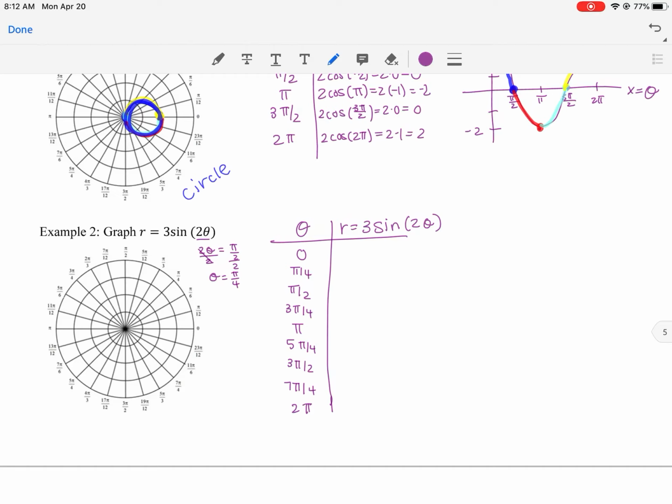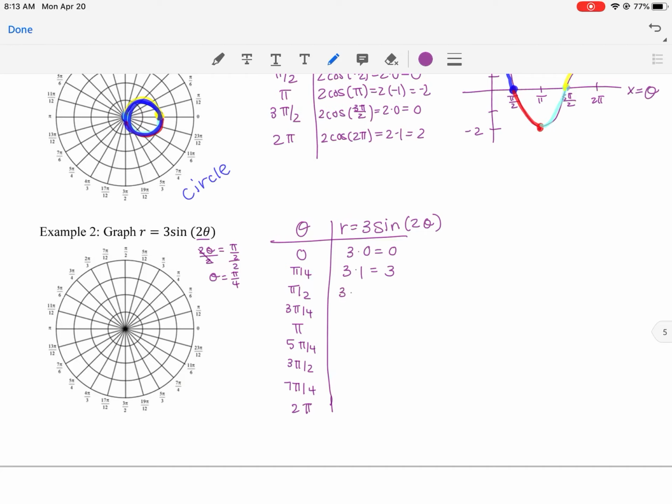When we plug in 0 for theta, we're going to have 3 times sine of 2 times 0, which is sine of 0, which is 0. So we get 0. 3 times sine of 2 times pi fourths is sine of pi halves, which is 1. So 3 times 1 is 3.